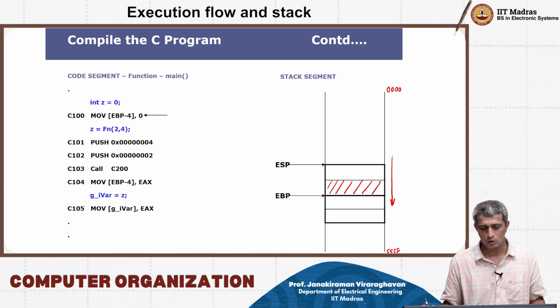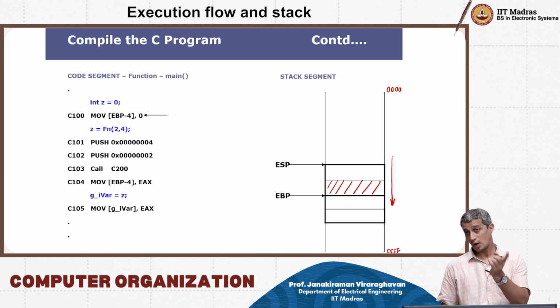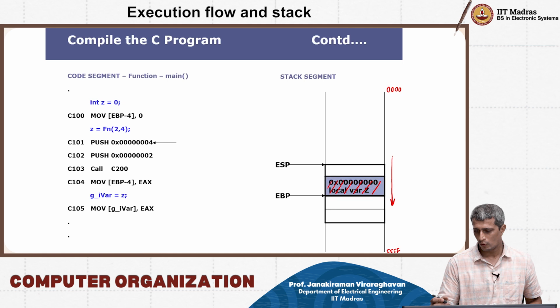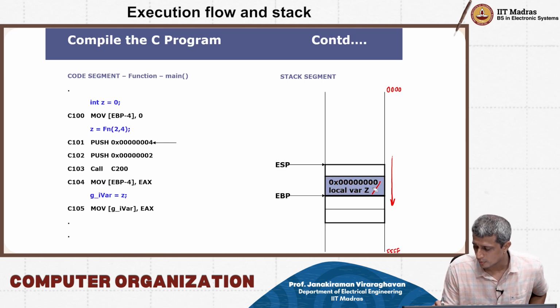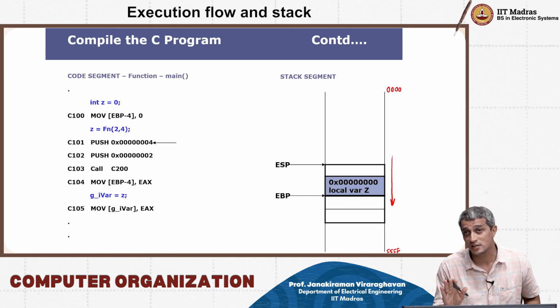So when you actually execute this instruction, move Z comma 0, we are assuming that the local variable Z is sitting in EBP minus 4. We will come to this. When you come to the translation of the function Fn, this will become very clear why it has to be EBP minus 4. So therefore, the local variable Z will basically come and sit in this particular memory location in the stack. This is the stack segment, what you see on the right.